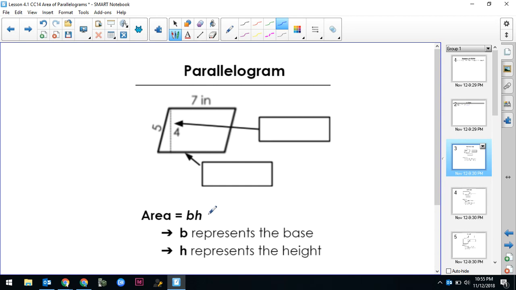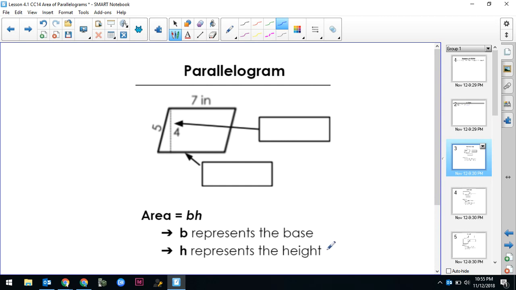It's going to tell us something about this geometric figure. So the formula here is area equals B times H. We see them squished together there, meaning multiplication. Underneath, I wrote that B represents the base and H represents the height.